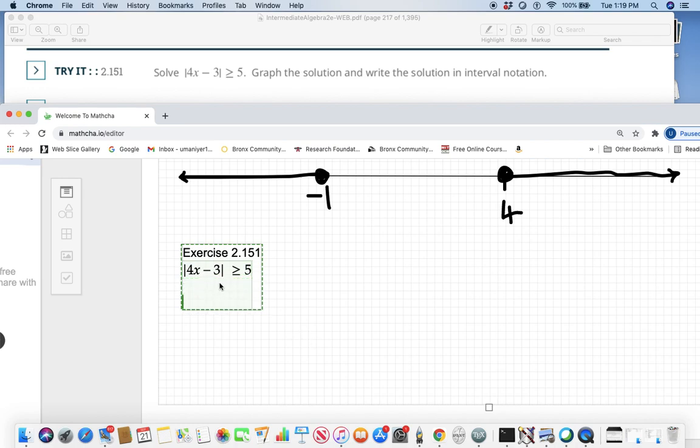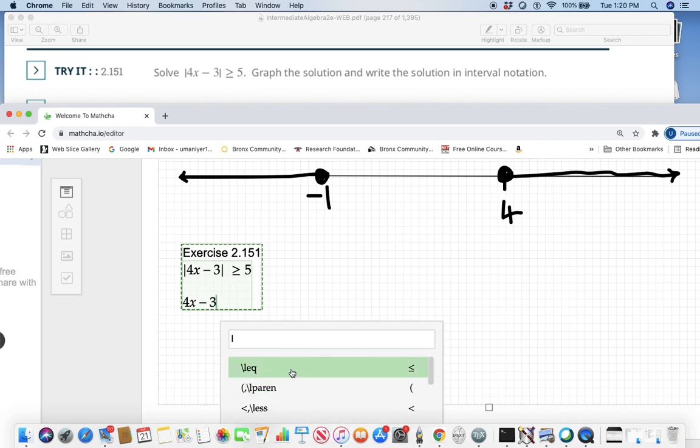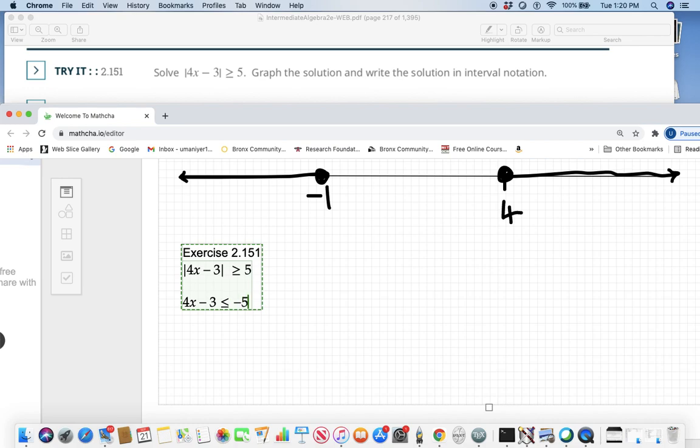What does this say? Greater equals. So you are to the left of negative 5, or you are to the right of 5. So greater equals 5. Distance has to be greater equals 5. So you are beyond 5 on the right, beyond negative 5 on the left. That's what this means.